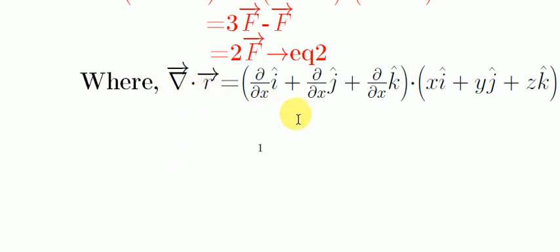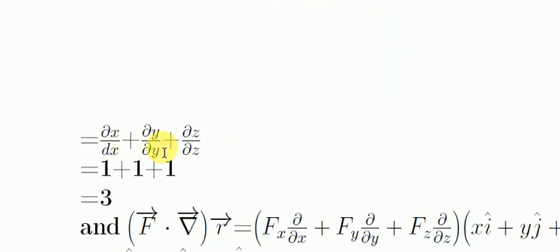From vector calculus we can easily write this. Here is a mistake, please pardon me: it is del/del x, this will be del/del y, and this will be del/del z.